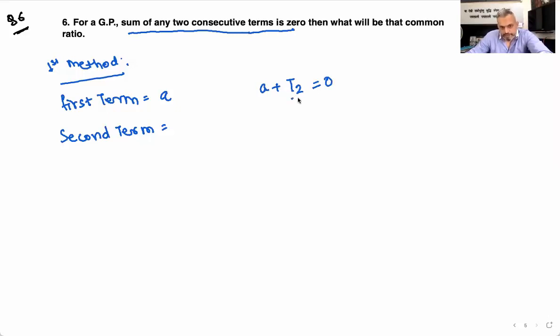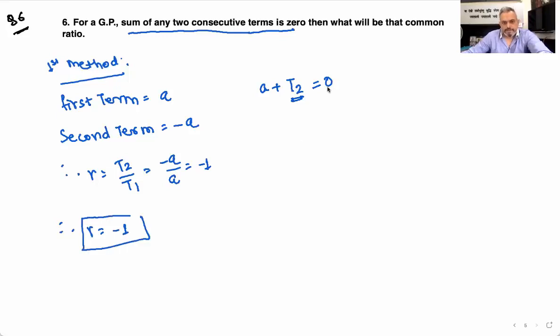If T2 is minus A, then only it will be 0. So A plus minus A, A minus A is equal to 0. Therefore R is equal to T2 upon T1, minus A upon A, is equal to minus 1. Therefore R is equal to minus 1. This is one method of doing it.